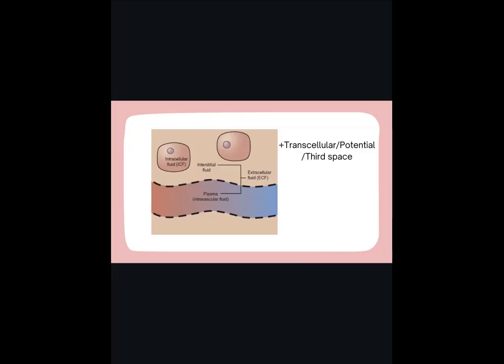Isotonic, it'll stay the same, because there's the same osmolarity inside and outside the cell. And hypotonic will cause the cell to swell because there are more solutes in the cell than outside, so the water will flow towards the solutes inside the cell, and that cell will swell.